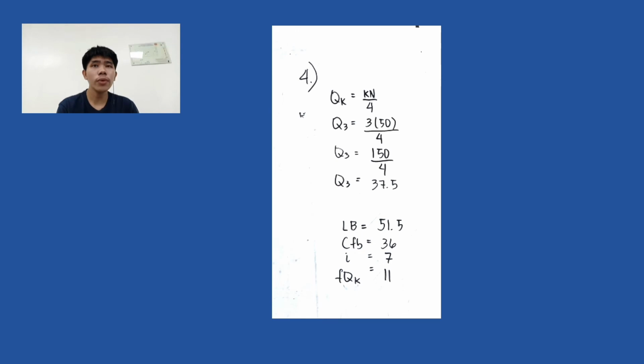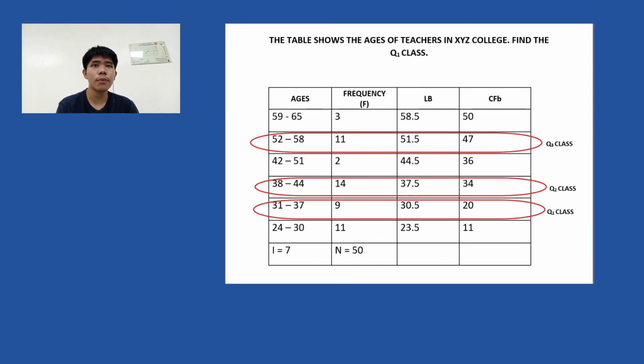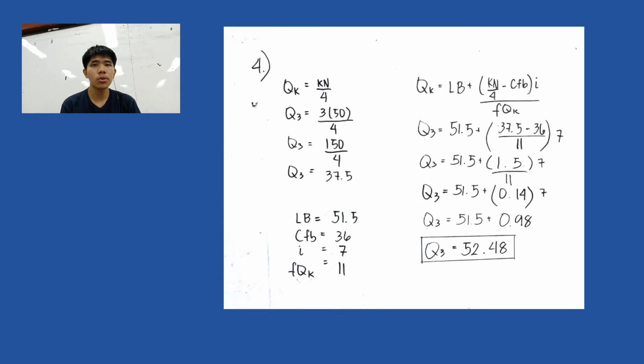After that, we will locate 37.5 within our table. We will then find the rest of the values of our formula. So LB is equal to 51.5, CFB is equal to 36, I or the interval is equal to 7, and FQK is equal to 11.